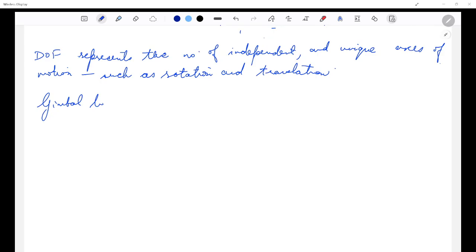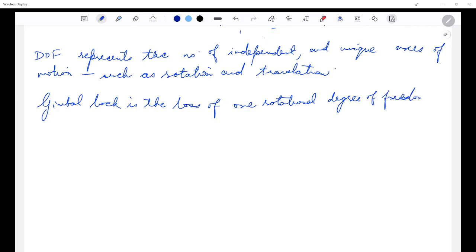So gimbal lock is the loss of one rotational degree of freedom when two rotation axes become aligned in an Euler angle representation.